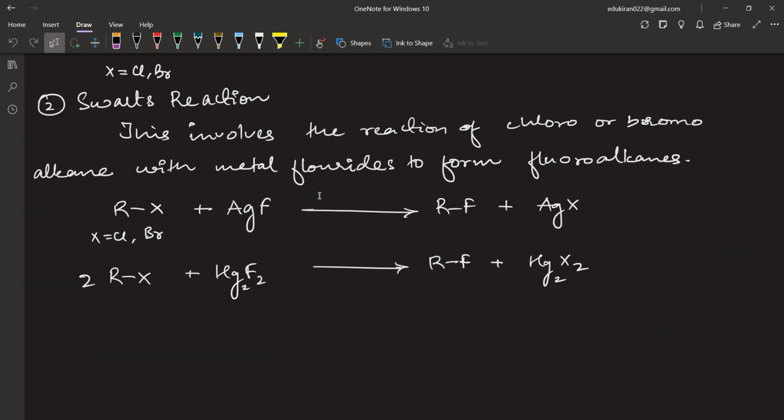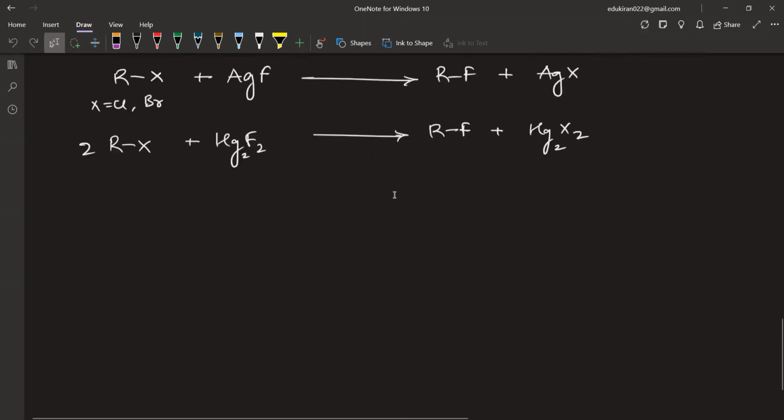What was the syllabus for the test? Methods of preparation of haloalkane and haloarene, right? Correct.